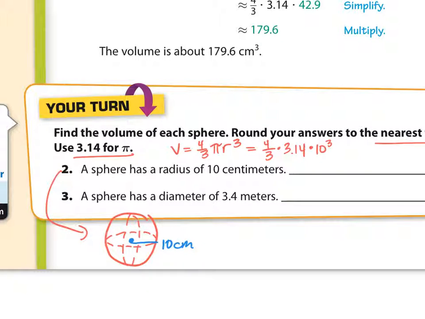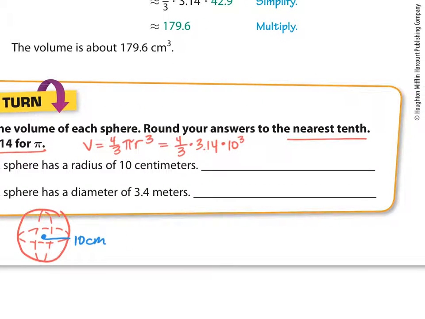Just like in the last two lessons, we have to do the exponent first. So this becomes 4/3 times pi, which is 3.14, times 10 to the third power. That's 10 times 10 times 10. Right? Know how to do that in your calculator? That's 1,000. And then you just multiply everything out.